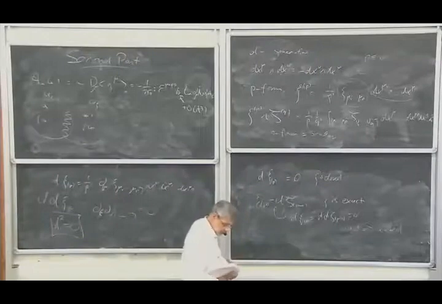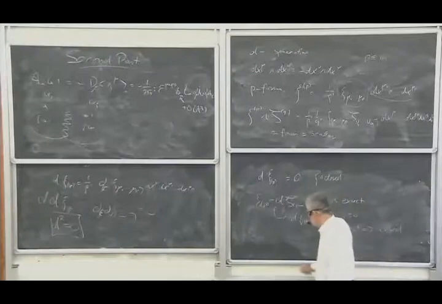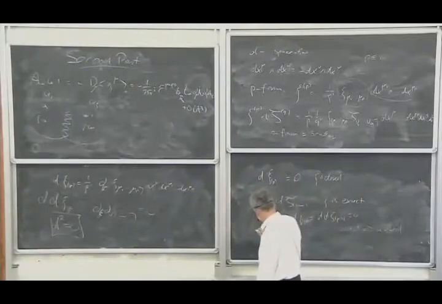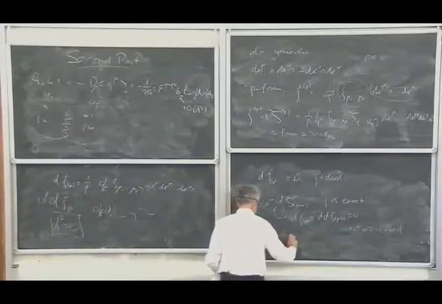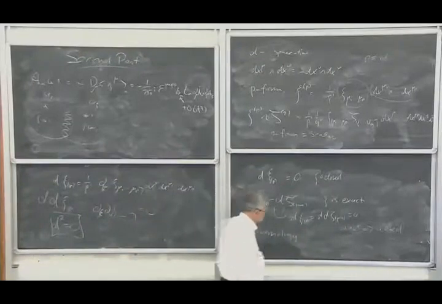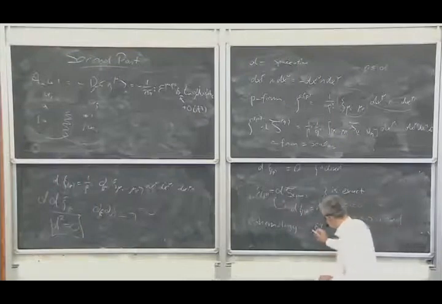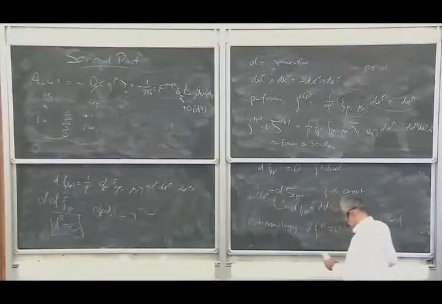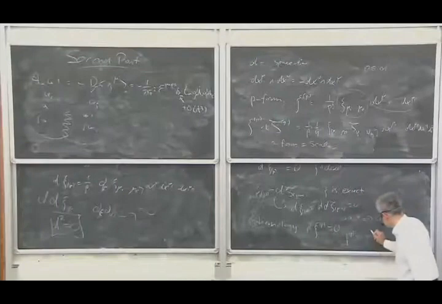Well, that depends. And so this brings us to the notion of cohomology, or de Rham cohomology, which is, we say that we are looking at closed forms, and we say that psi p has an equivalence class up to adding exact forms.